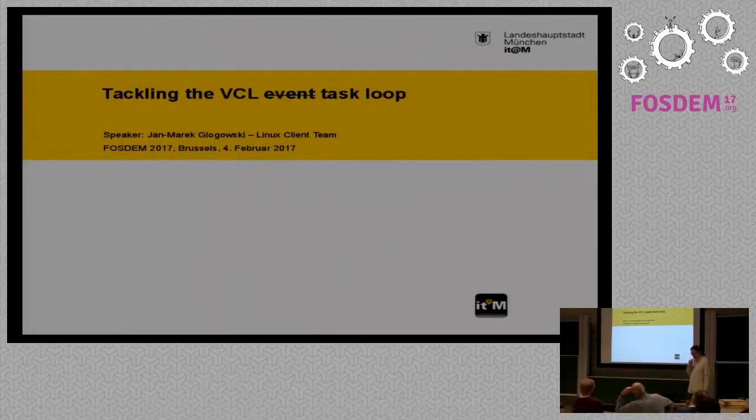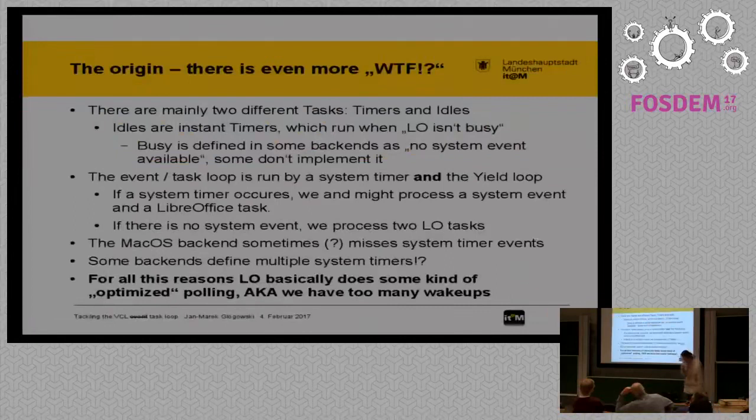In LibreOffice it's called a task loop, and there are 2 different types of tasks: some are timers, which are executed somewhere in the future, and some are idles, which are executed instantly.